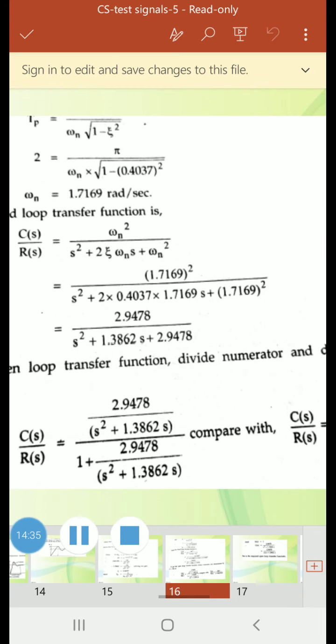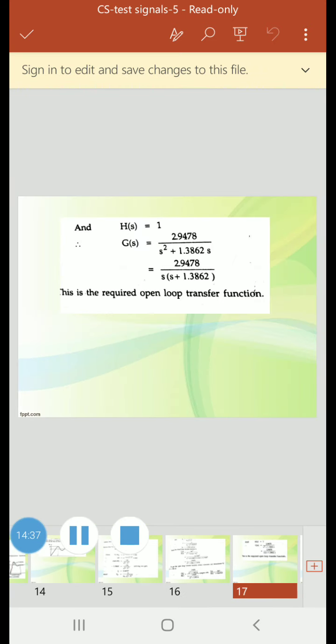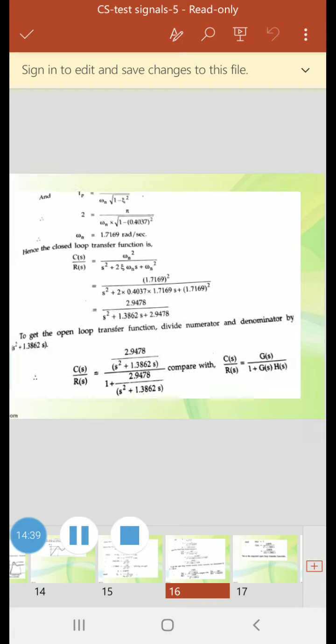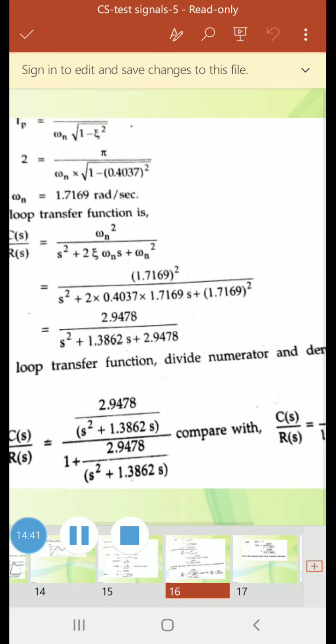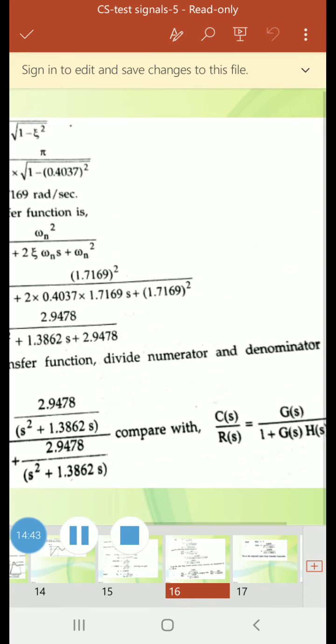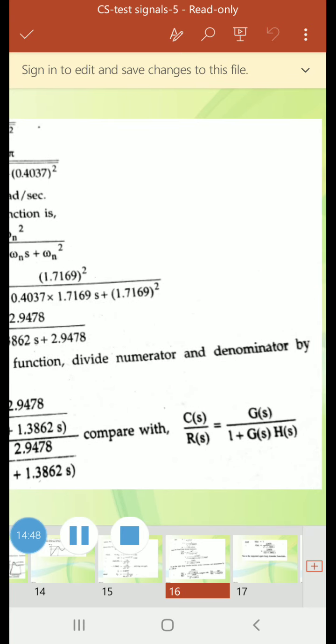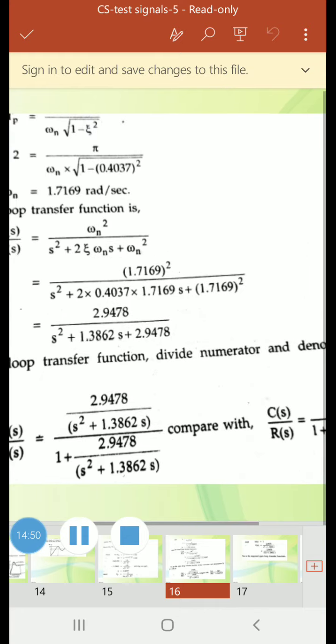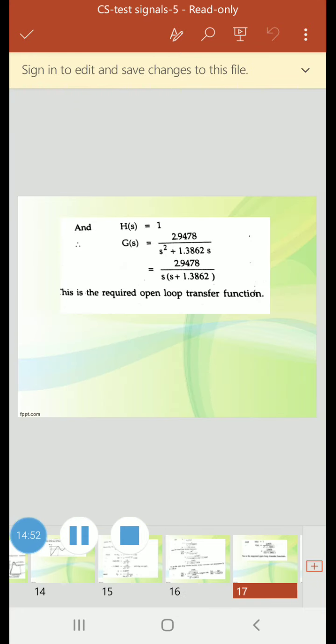What we'll get is, you can see, G of S is in numerator, G of S is in denominator. Both these two terms are same. Into H of S. Here H of S is 1. So, we can write H of S as 1.